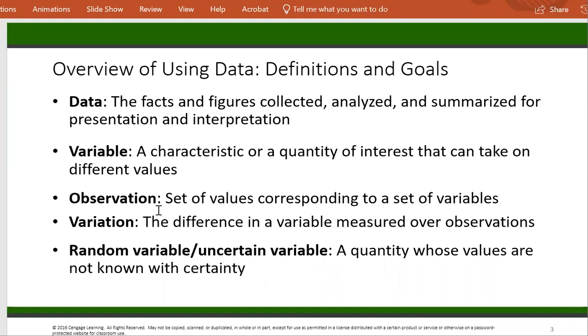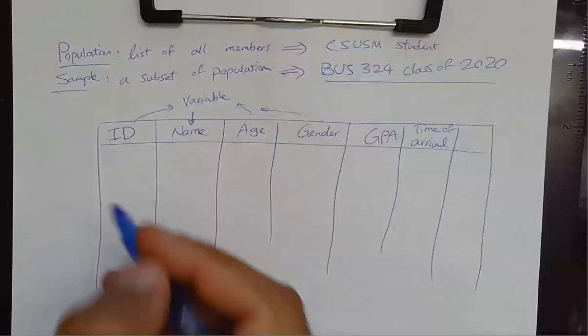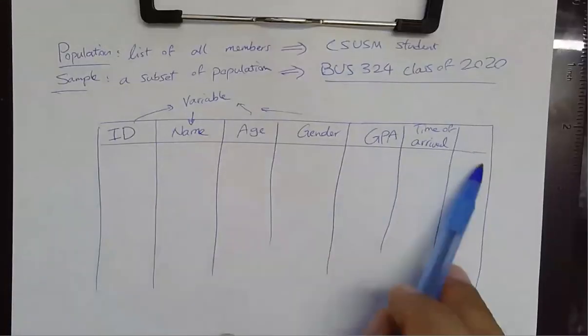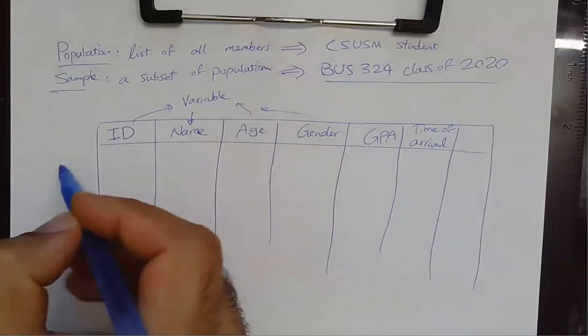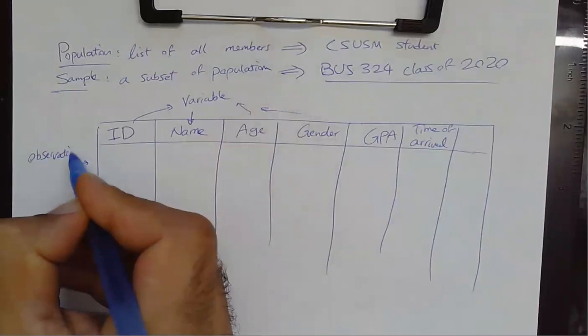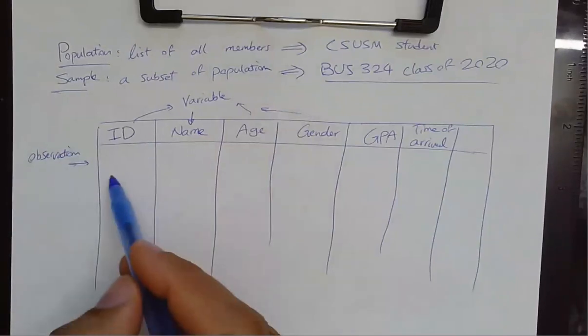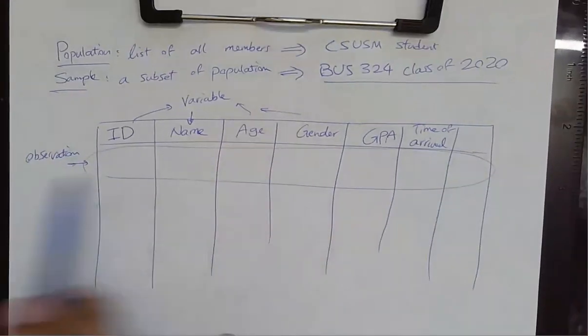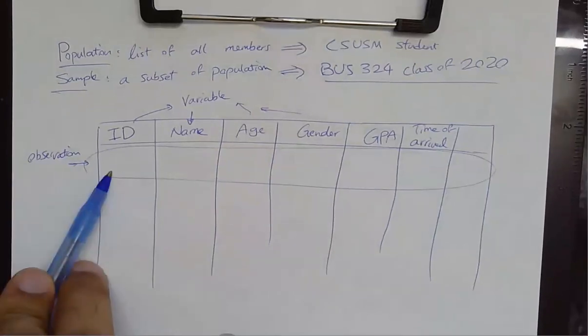Observations: a set of values corresponding to a set of variables. Here in this example, if I pick one student, one row in this table is called an observation. Each row in our data set is called one observation.